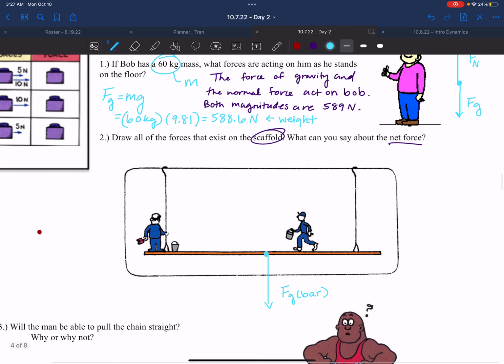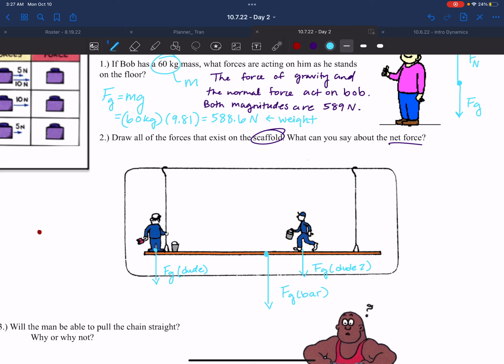These dudes, so let's say painter guy number 1 has its own weight. So his own weight or force of gravity of this dude. And then painter guy number 2 also has his own force of gravity of dude 2.